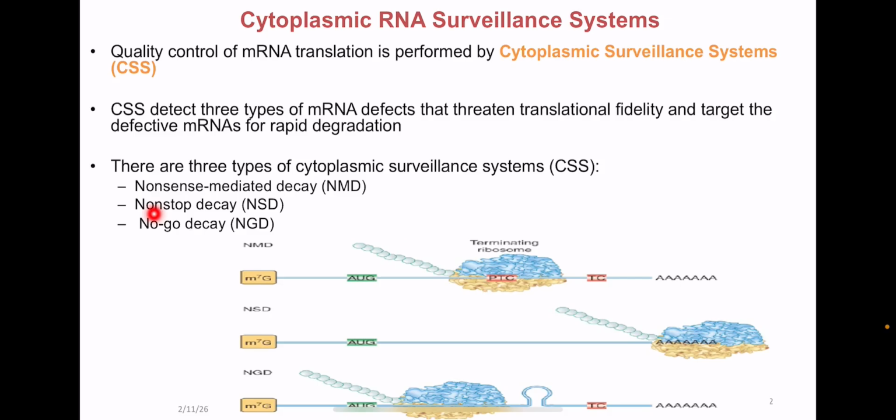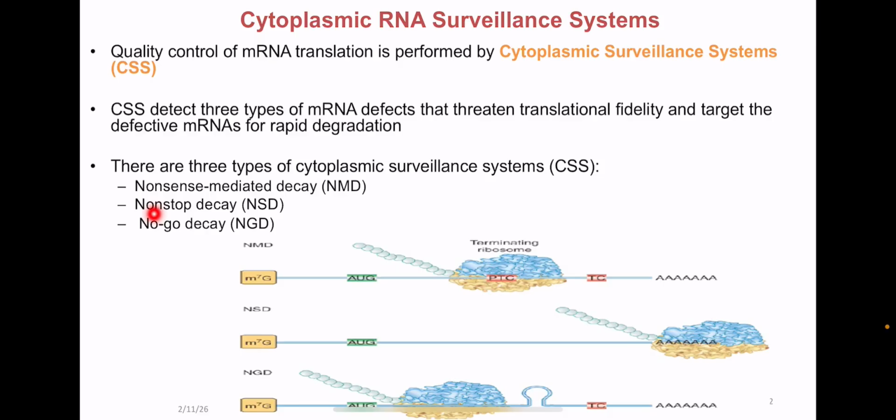So the CSS will also be there to detect these mRNAs. For the CSS, the cytoplasmic surveillance system, there are three different surveillance pathways it employs to detect the aberrant mRNAs.